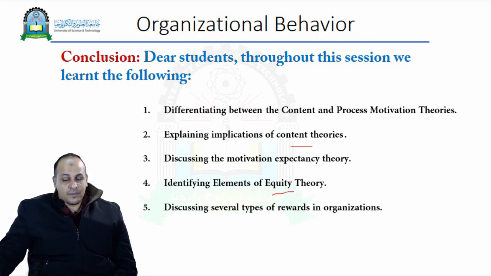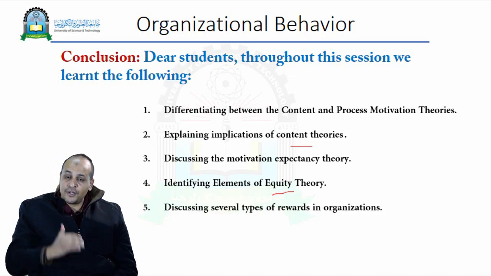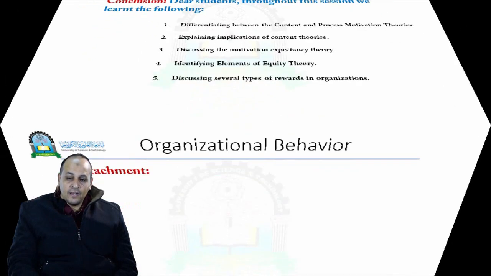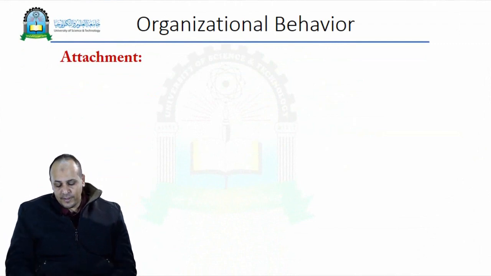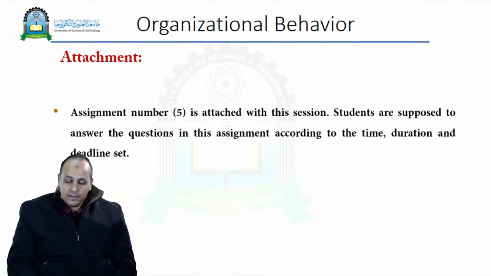This issue can exist within the process of developing the compensation system. And here we discussed several types of rewards in organizations, starting with seniority and ending with the performance. By this, we can say that we are now quite clear with the motivation system in almost different companies.